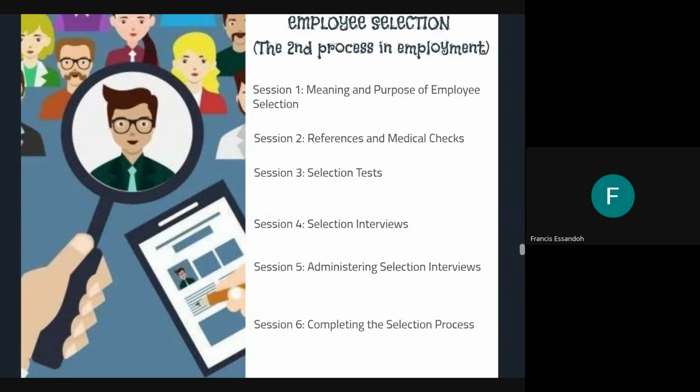Most selection interviews are also by a panel and are done sequentially. In a panel or sequential interview, several persons interview the applicants in sequence before a selection decision is made.